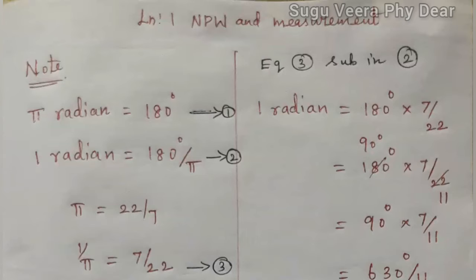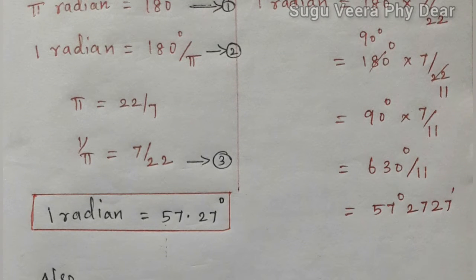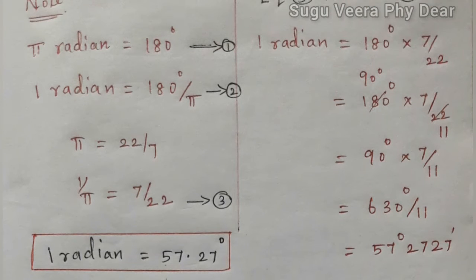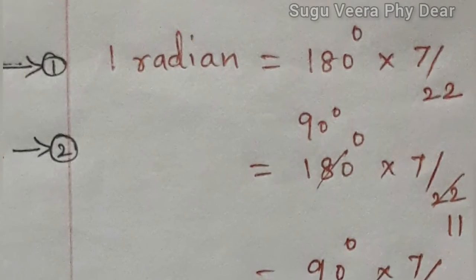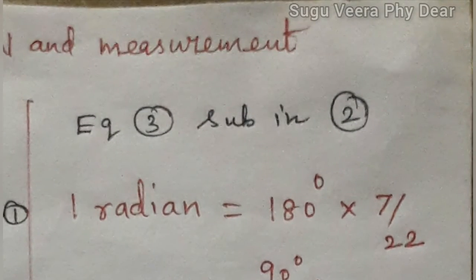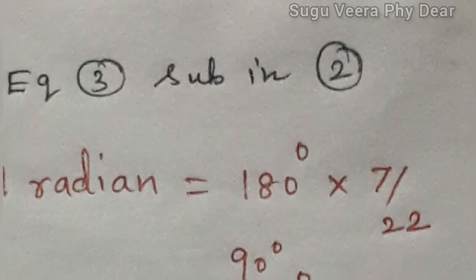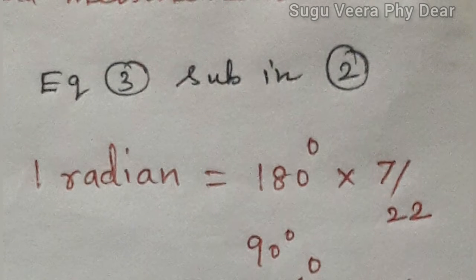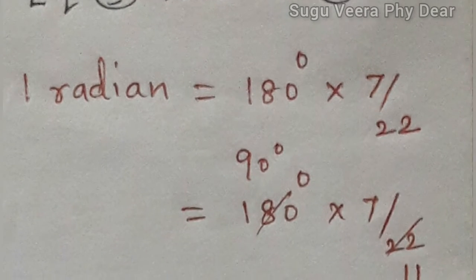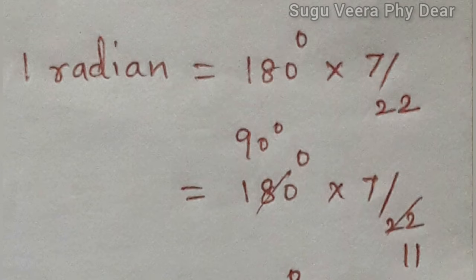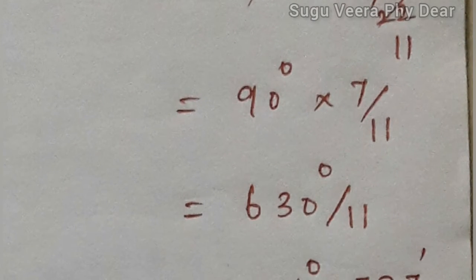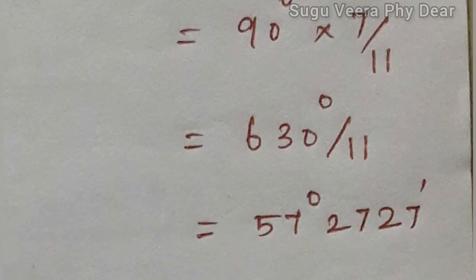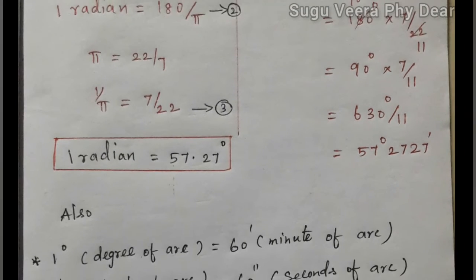Equation number 3 substituted in 2: 1 radian is equal to 180 degrees into 7 divided by 22. 180 and 22 are cancelled by 2, so it's equal to 90 degrees into 7 divided by 11. 90 into 7 is 630, divided by 11 gives 57 degrees, 27.27 minutes.